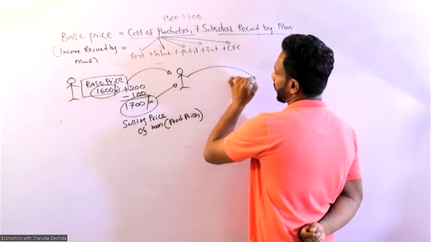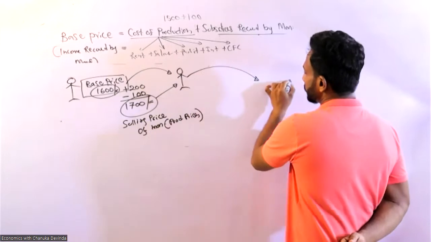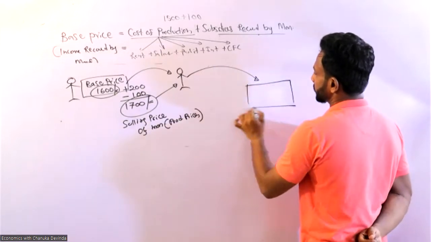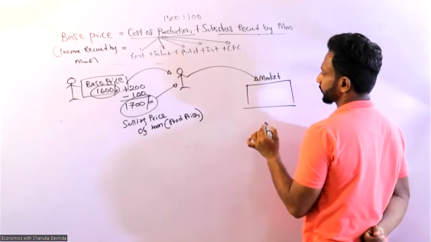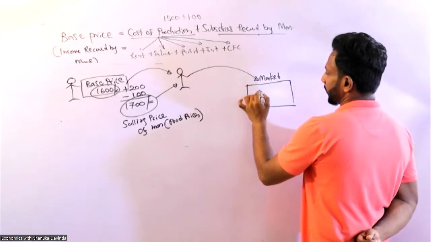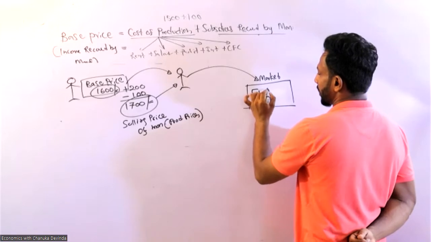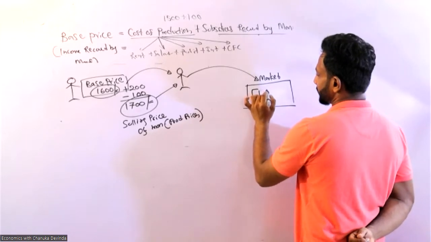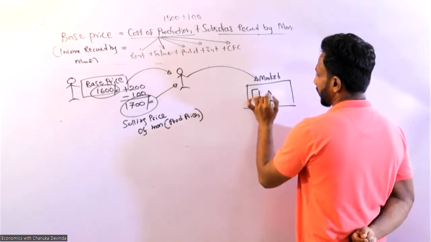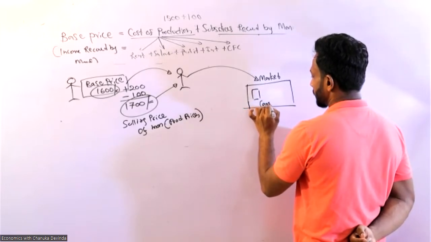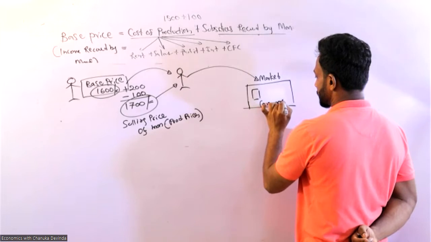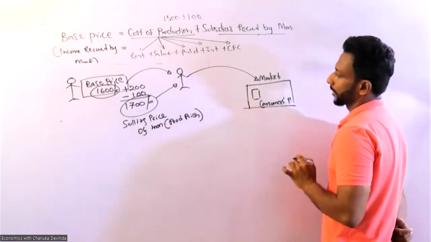He will send them to the market. Right, this is the market. So in the market, we have the product at how much? Let's say at the consumer's price. We'll see what the consumer's price is.